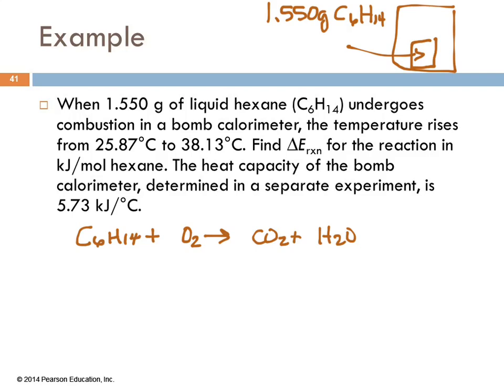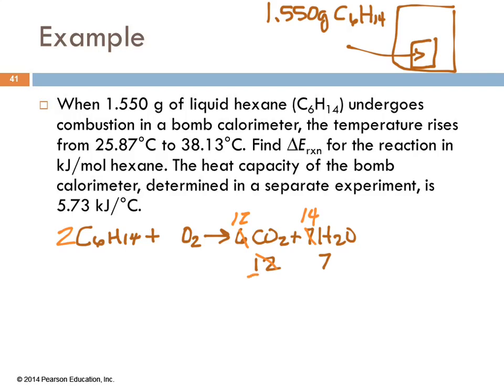So I'm looking at 6 carbons on the left. I'm going to make 6 carbons on the right. 14 hydrogens on the left. So if I put a 7 here, I'm going to end up with an odd-even problem because I've got 7 oxygens and 12 oxygens. And that's going to be an odd number. So what I'm going to do is I'm going to double things. I'm going to make this a 12, and I'm going to make this a 14, and I'm going to double the 1 there.